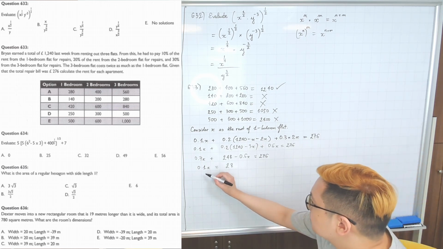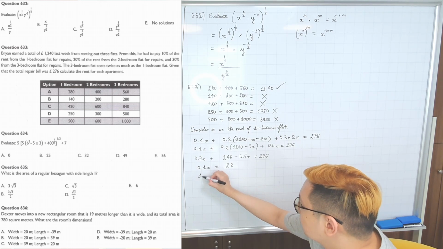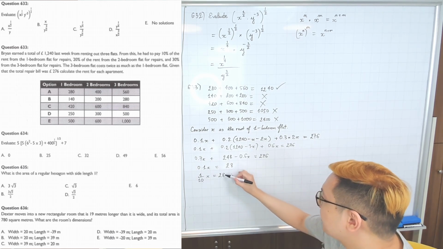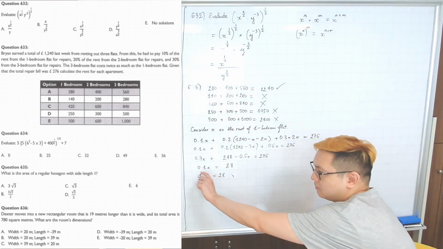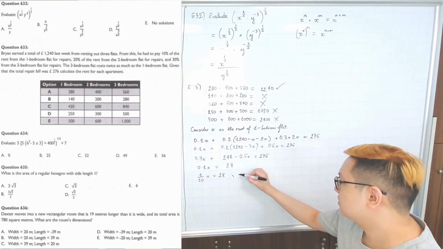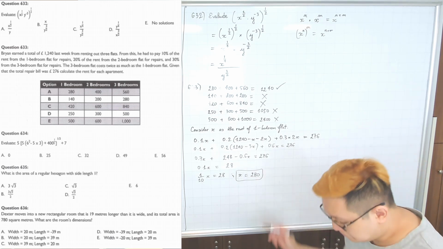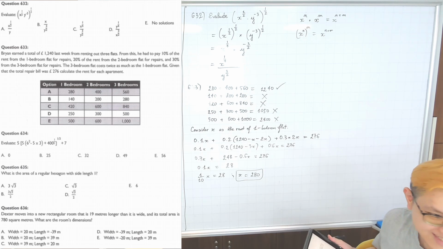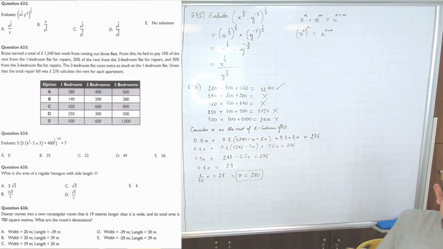So 0.1 is actually 1 over 10. So 1 over 10 over here, moved here, is going to be times 10. So x is going to be 280. So answer A is the only one with 280. So this is the official way, and then there are other unofficial ways.